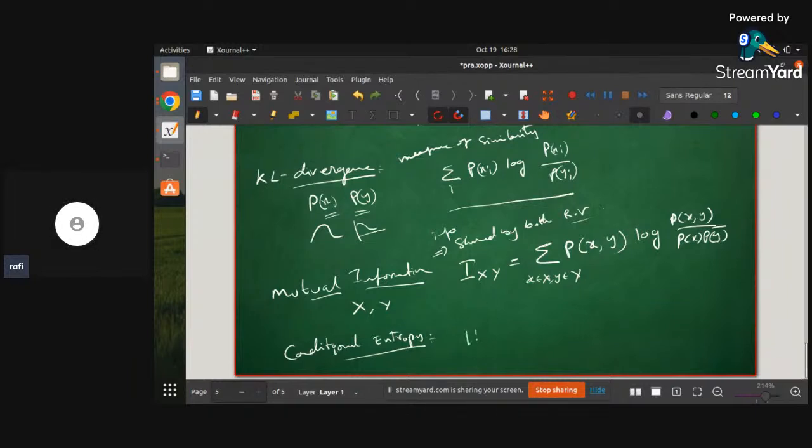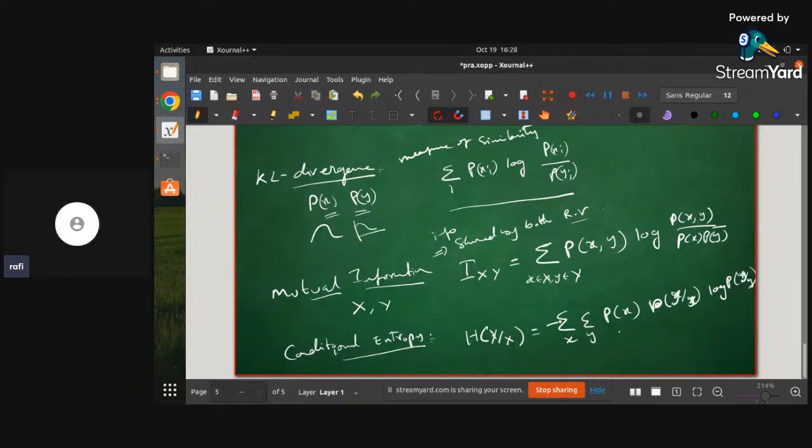H of Y given X is minus summation over x summation over y p of x into p of y given x log p of y given x.